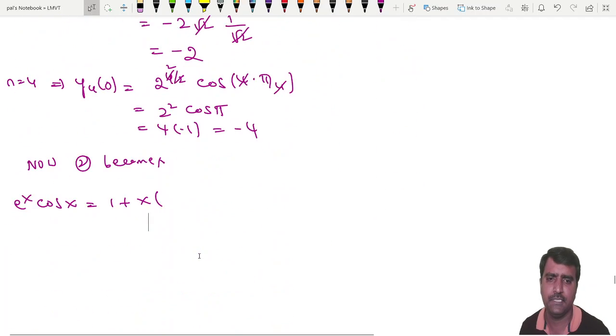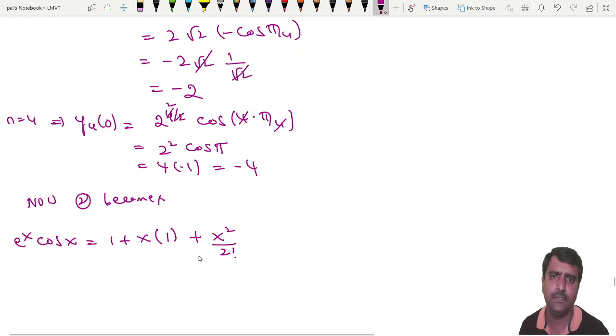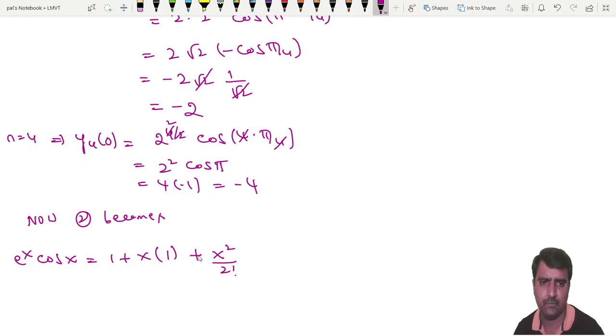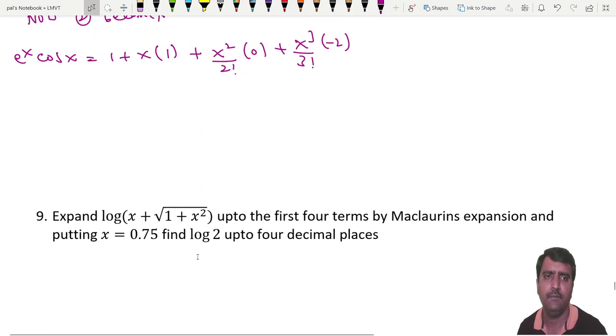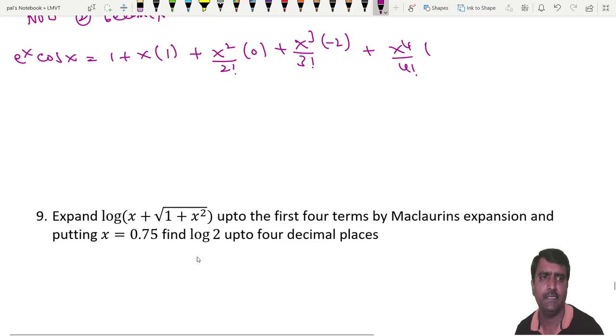Yes, you see y1 of 0 is 1, plus x square by 2 factorial into y2 of 0. y2 of 0 is 0, plus x to the power 3 by 3 factorial into y3 of 0 is minus 2, plus x to the power 4 by 4 factorial into y4 of 0, which is minus 4, and so on.